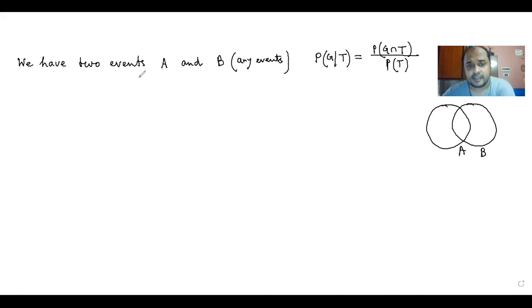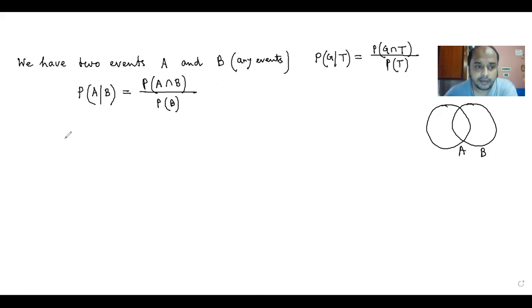They are any events. Then, just look at the formula, probability of A given B will be given as probability of A intersection B by probability of B. How to read this particular formula?